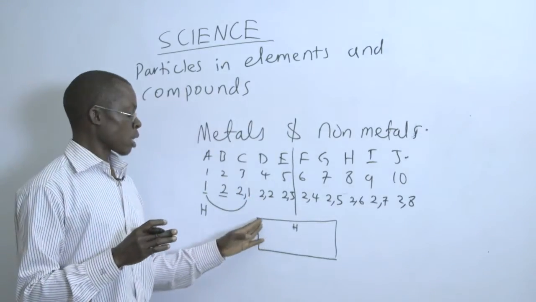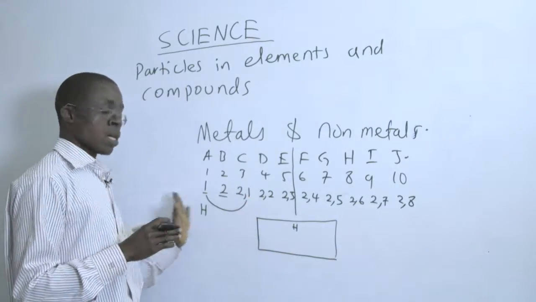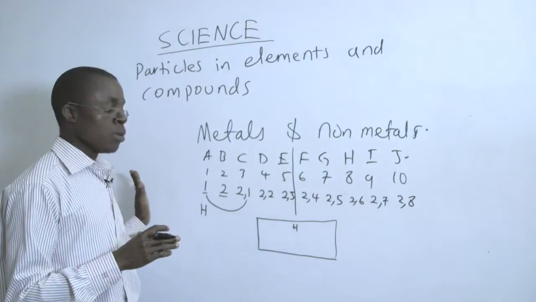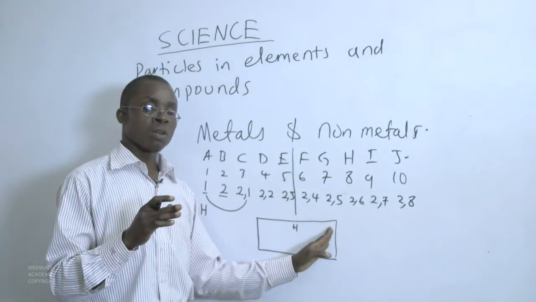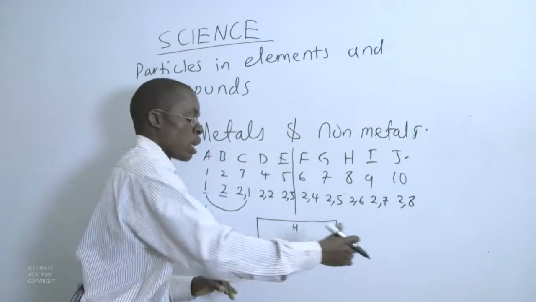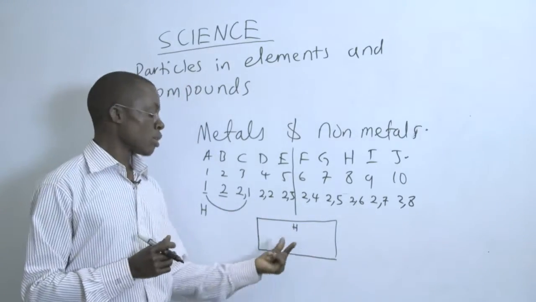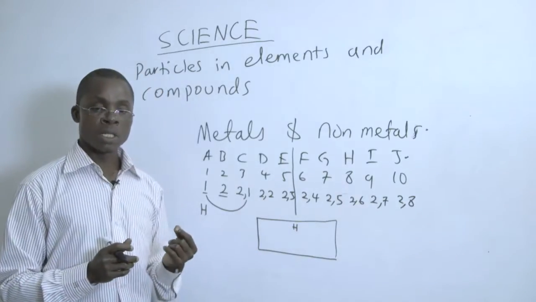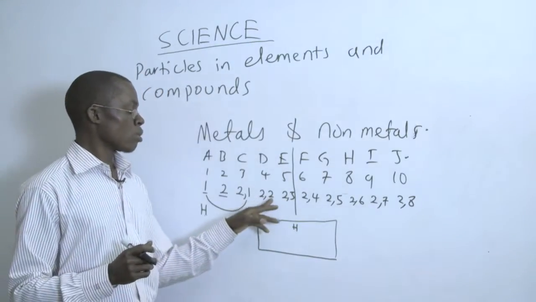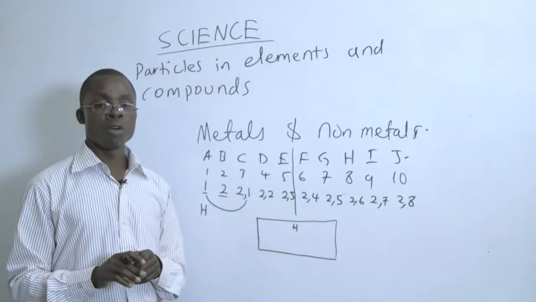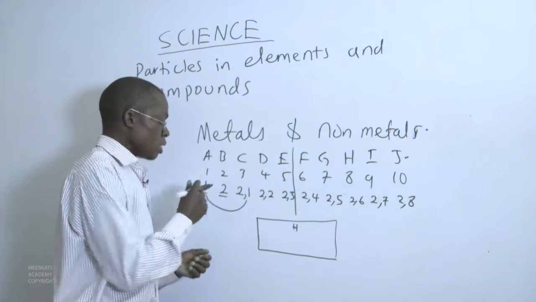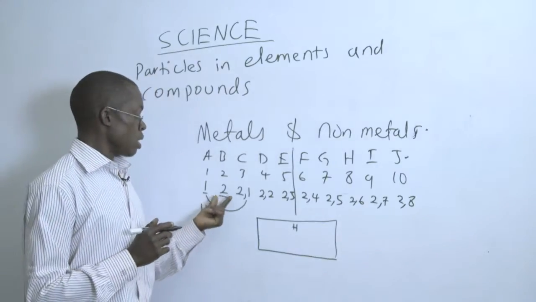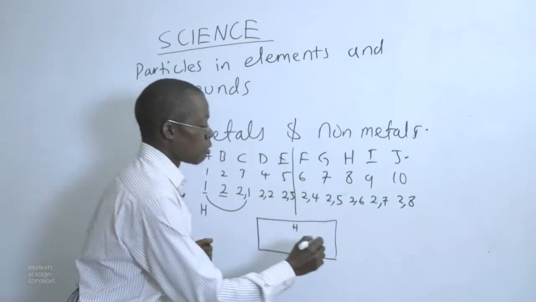It gives some characteristics of metals, which are on the left of the periodic table, and at some time it gives characteristics of nonmetals, which are on the right. Because of that, it's placed at the center. So you don't just look at the electronic configuration, you also look at some of the characteristics it gives. The other one is B. And in the periodic table, this one is helium.